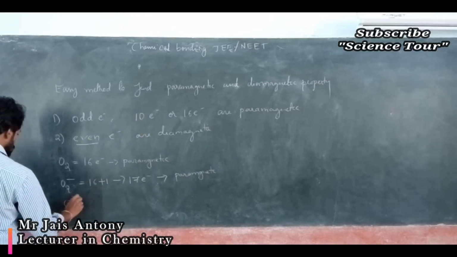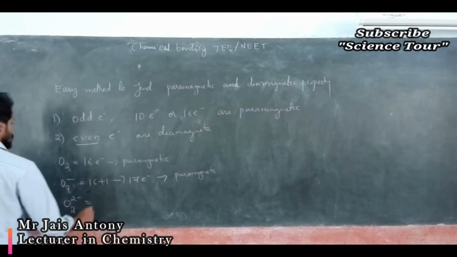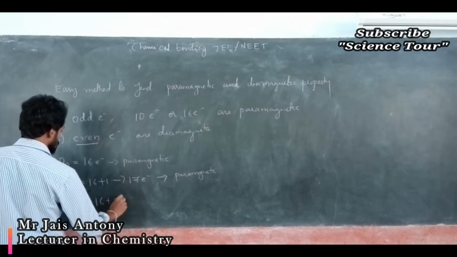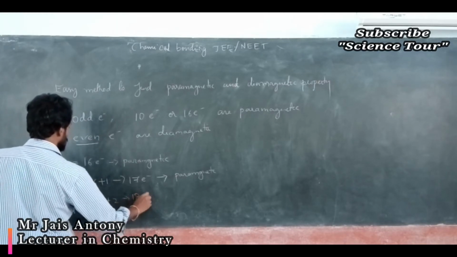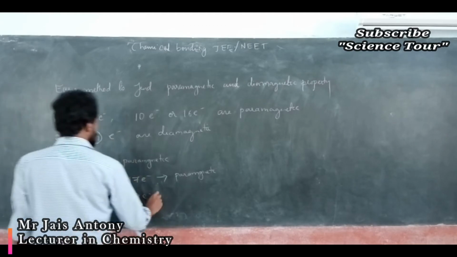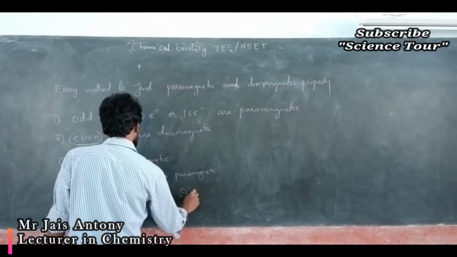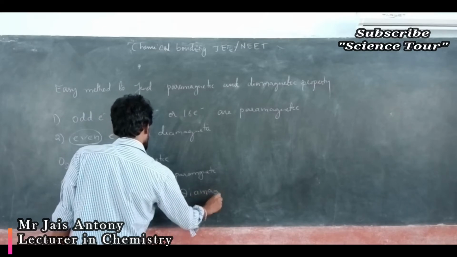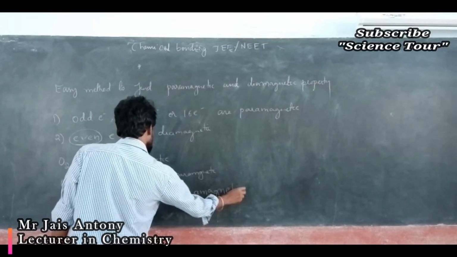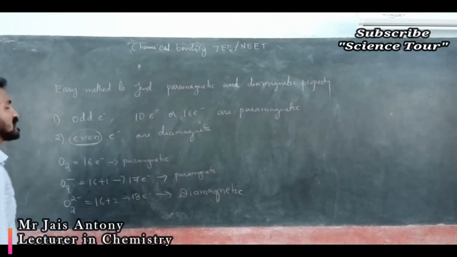O2 2 minus: 16 plus 2, 18 electrons. 18 is an even number of electrons. So it is diamagnetic, my dear students. Diamagnetic.